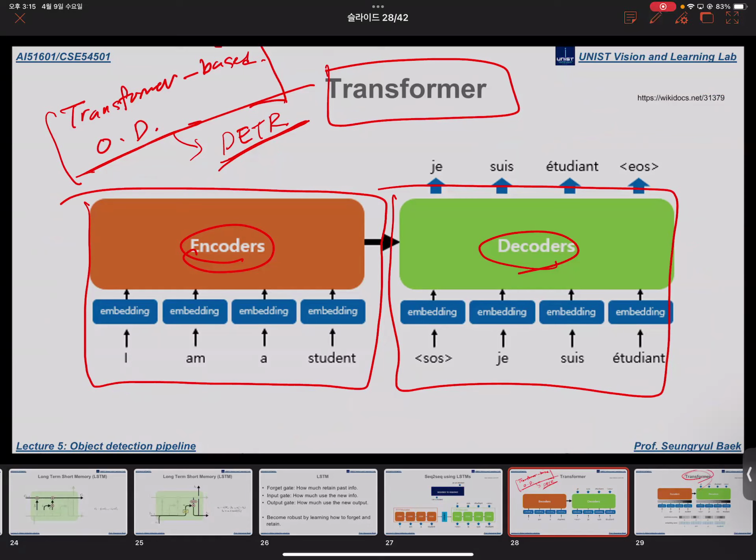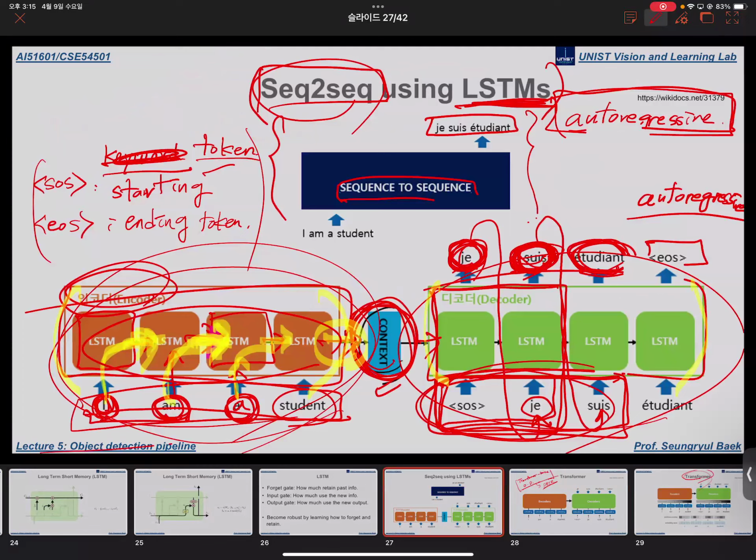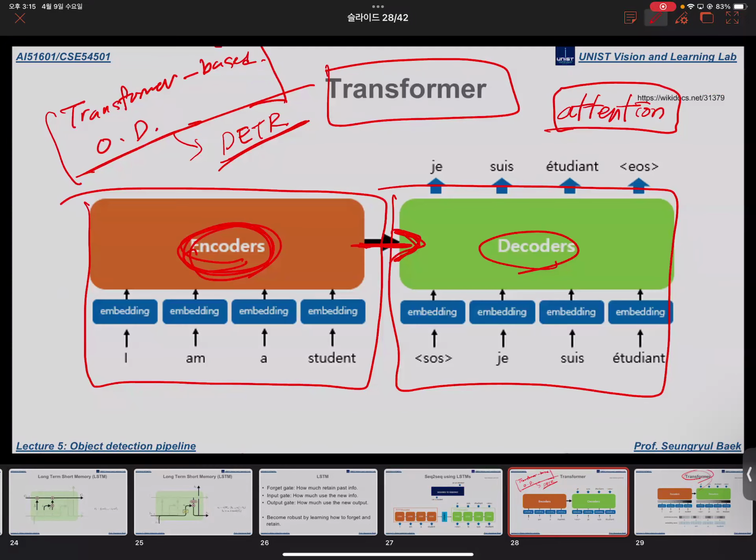But here, in the transformer architecture, when getting this feature, they apply an operation called the attention mechanism instead of this kind of sequential operation. And what this attention mechanism denotes is, when inputting this sentence, I will skip the embedding part now. You don't have to care about that now.